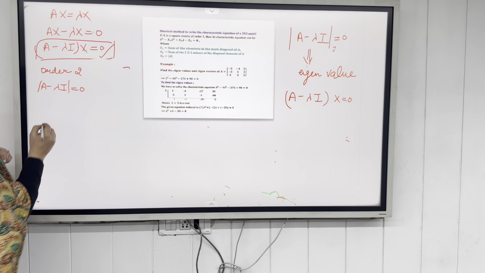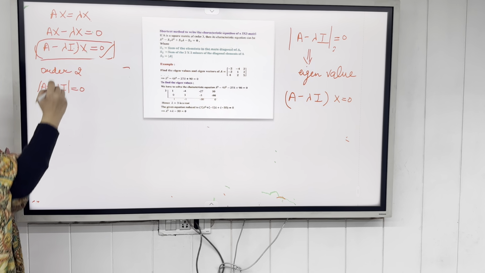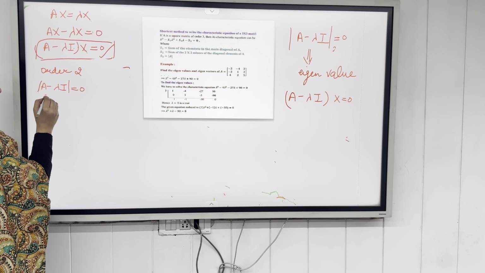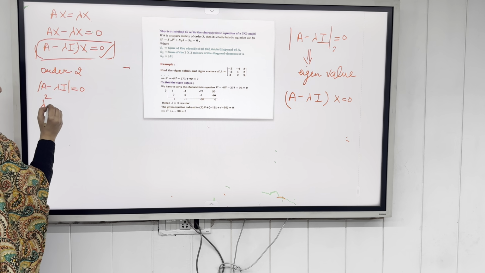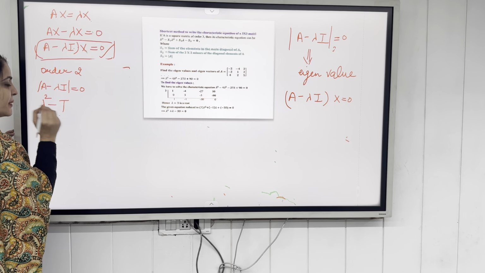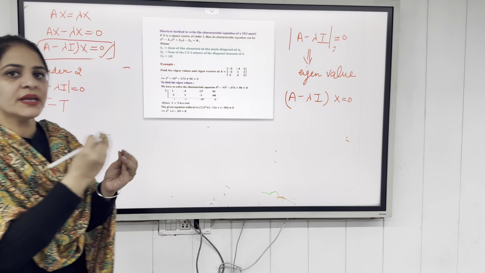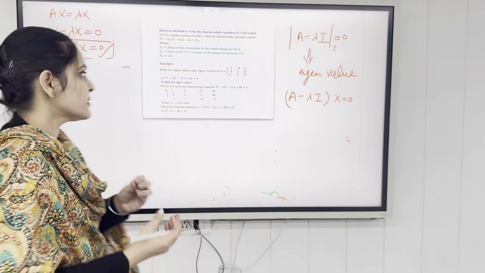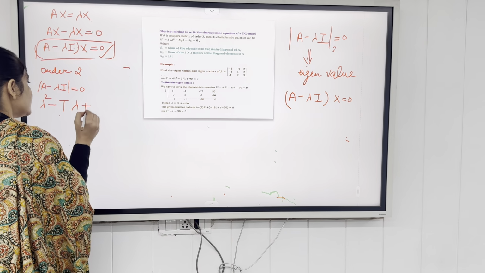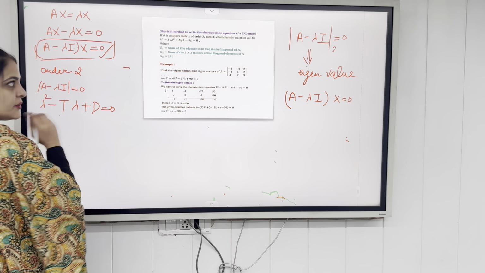And another way is, because this is a matrix of order 2, it gives you a quadratic equation: lambda square minus trace of the matrix lambda plus determinant equal to 0. We have discussed in the property, trace is the sum of the diagonal elements.